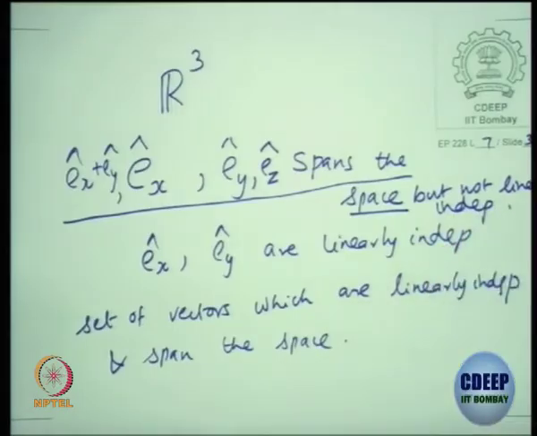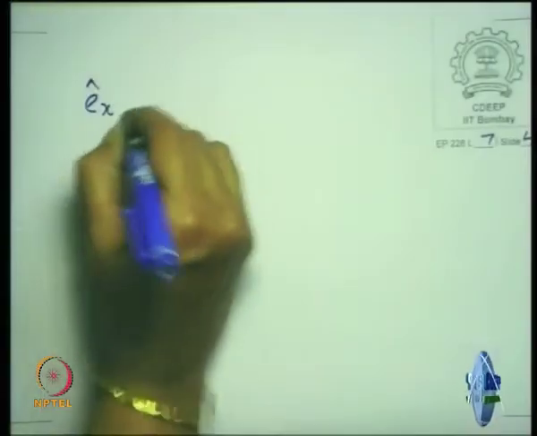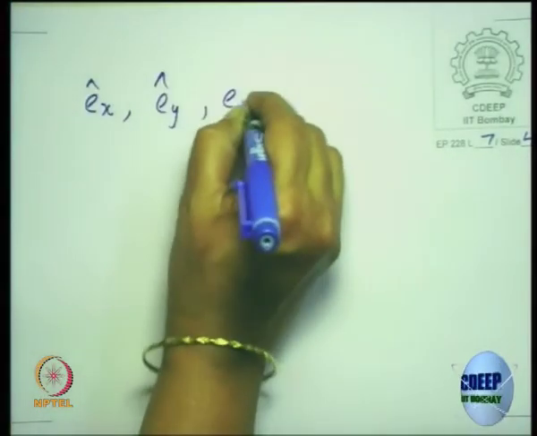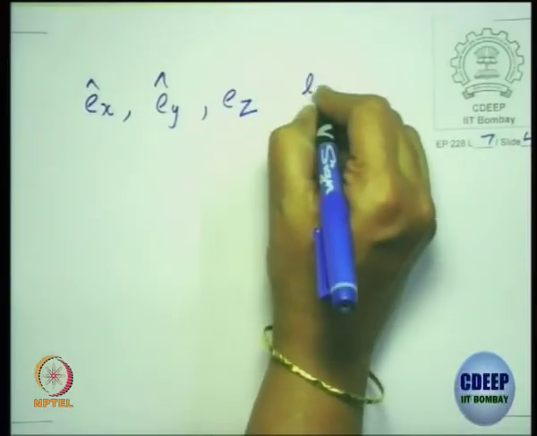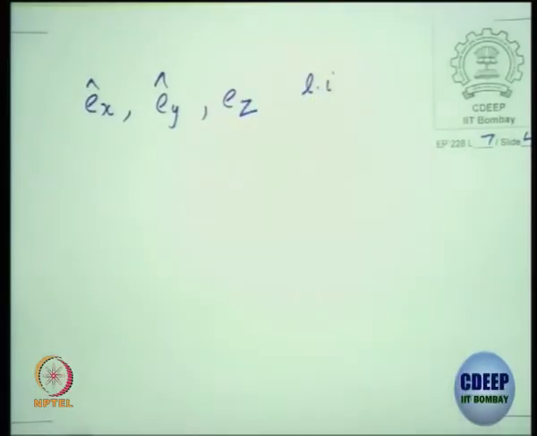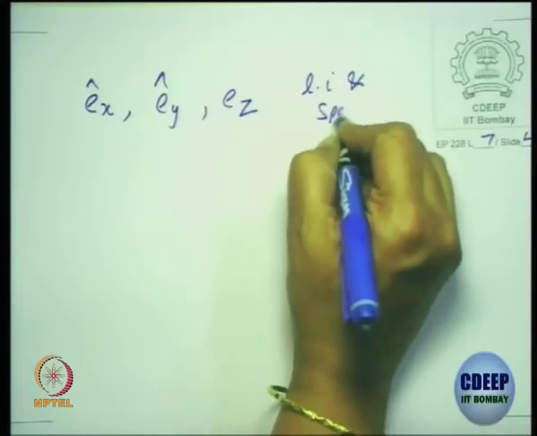Okay. So you need a set which spans the space and is linearly independent. So there are at least 2 possibilities, actually many possibilities. You could have Ex, Ey, Ez. I will put L.I. for linearly independent and span space.